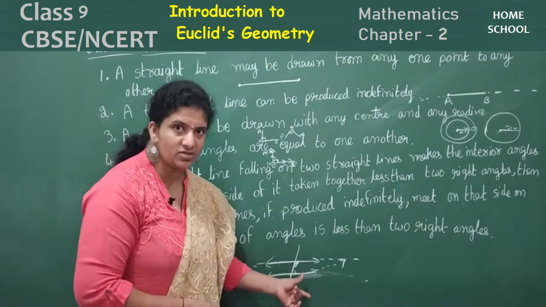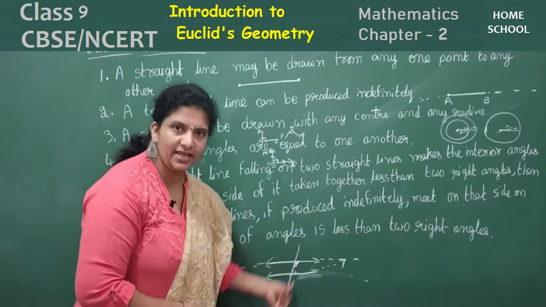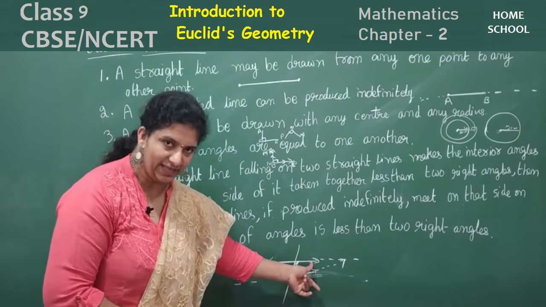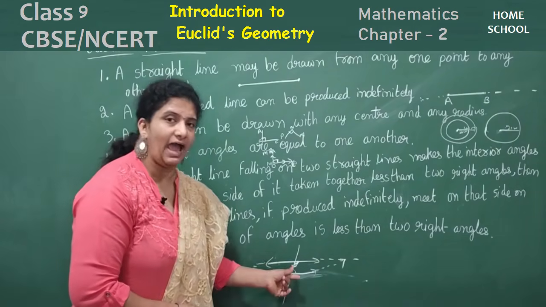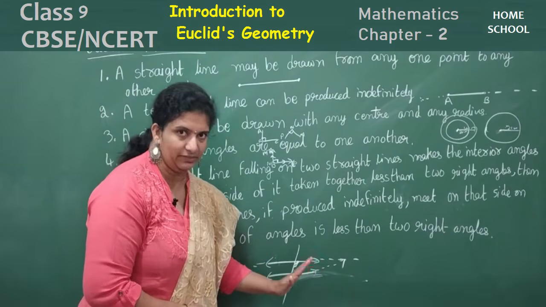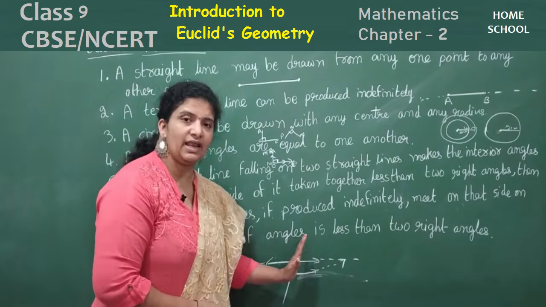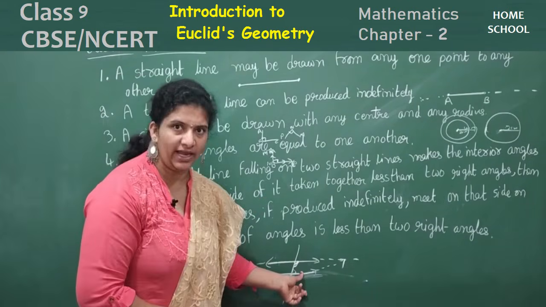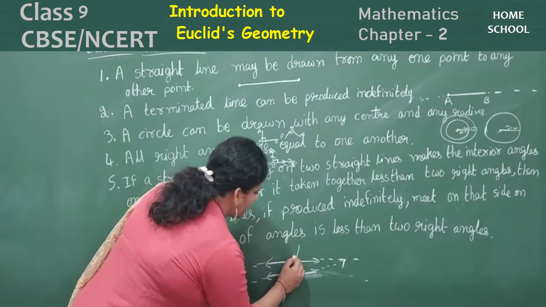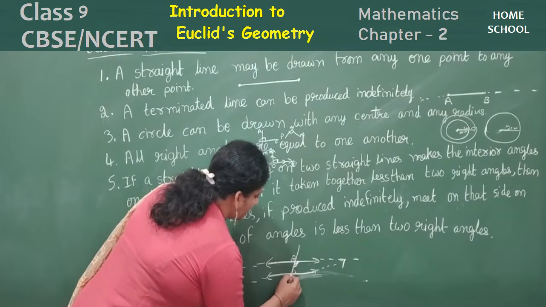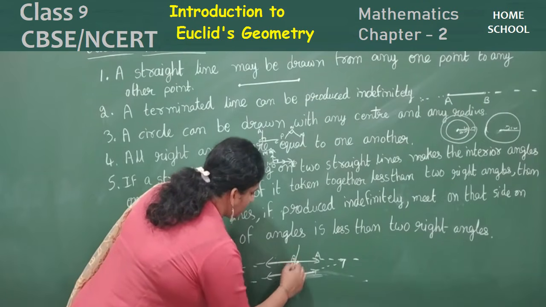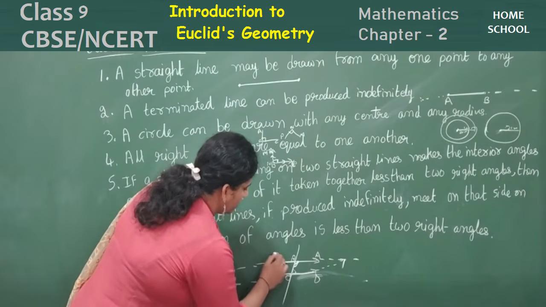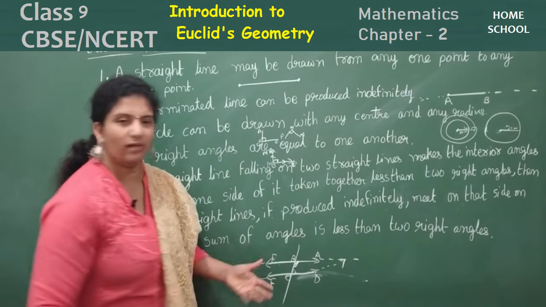What they are trying to say is, if a line is drawn on two lines, the interior angles on the same side are less than two right angles. So let these angles be ABC, BCD, and let's take E, F, anyway you can mark, no problem.